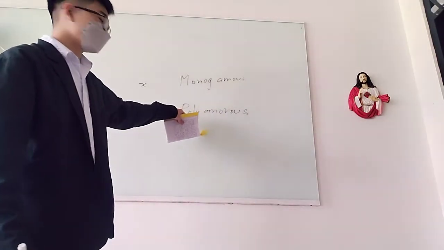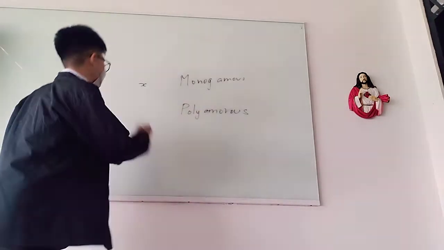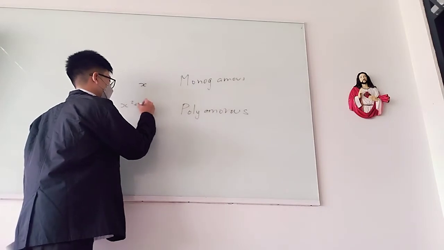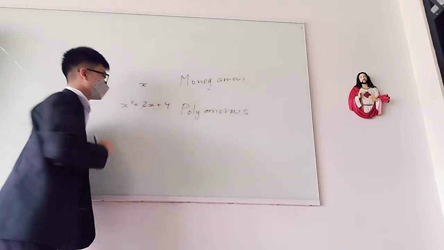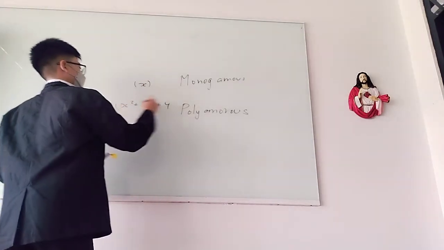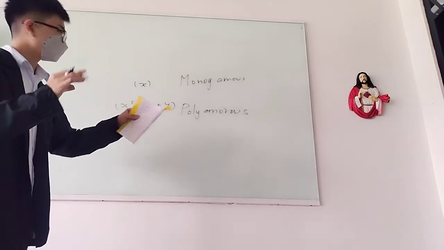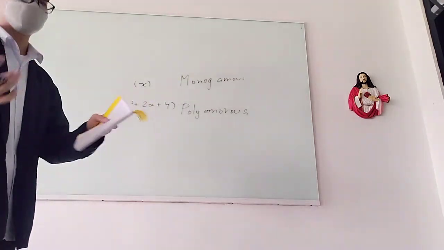And this poly here is an allusion to a polynomial, multiple terms like x squared plus 2x plus 4. This is a polynomial. This is a monomial. So mono means just one pair, and poly means multiple pairs, all interconnected, obviously.